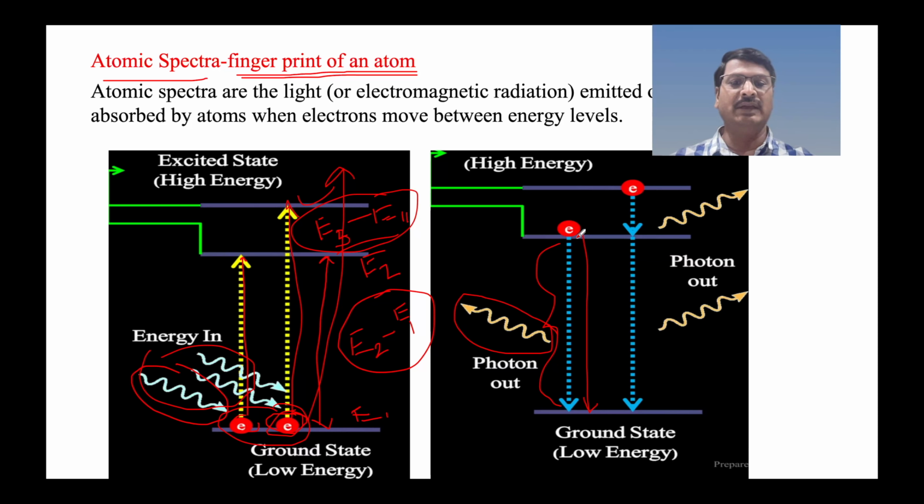So if the electron comes from E2 to E1, it will release one type of wavelength light. If it comes from E3 to E1, it will release another type of wavelength light. Like that, the atom will release different wavelength lights, and these different wavelength lights are emitted, fall onto the photographic plate, and according to that we get the spectra.